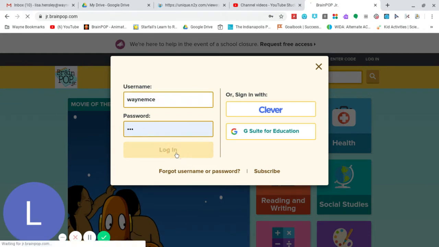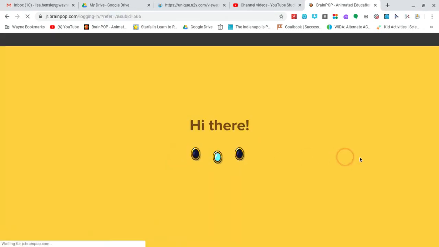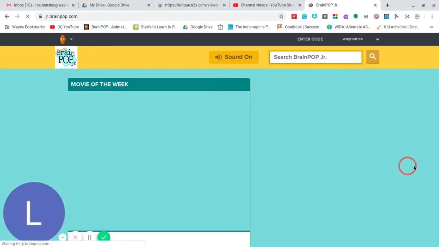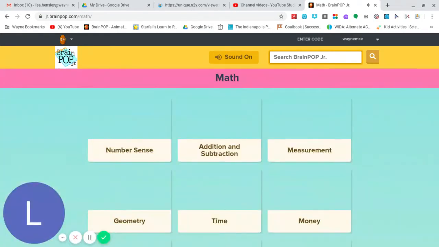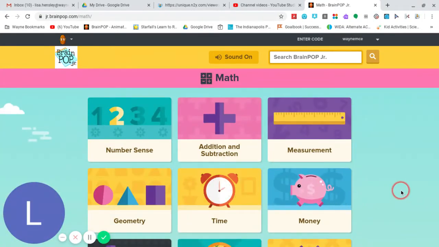Clicking log in. And obviously we're doing math, so you're going to go to the math section. Great job. And we're doing geometry, where you see the shapes.